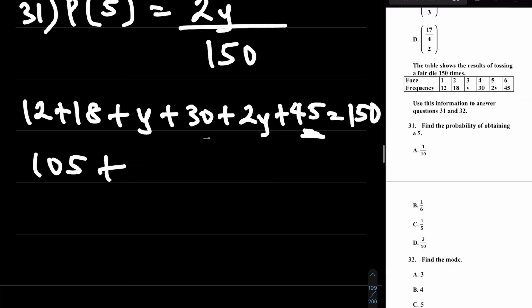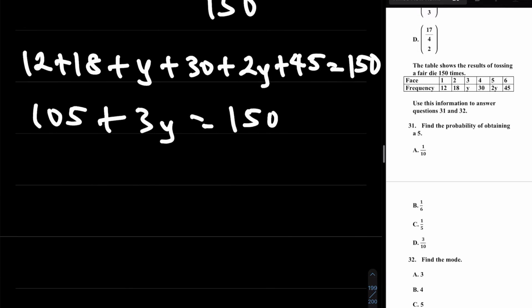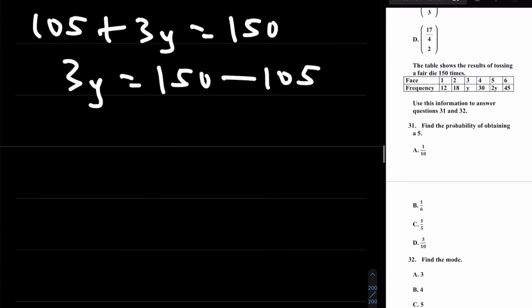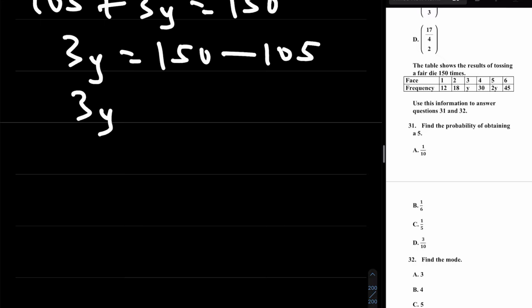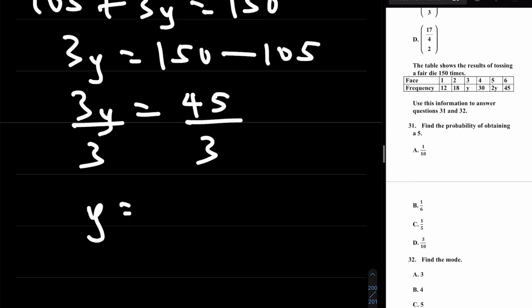That means 105 plus y plus 2y, which is 3y, equals 150. And that simply means 3y equals 150 minus 105, which means 3y equals 45. We divide both sides by 3 to get y, which gives us y equals 15.